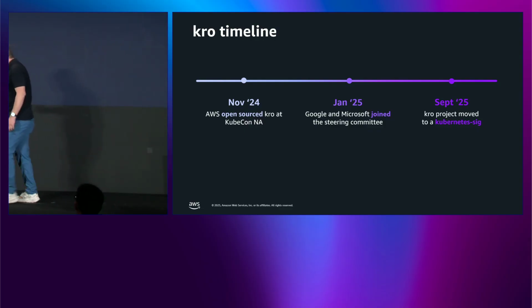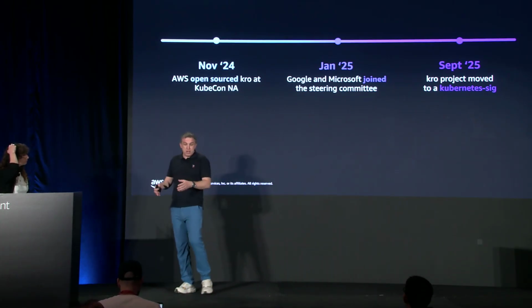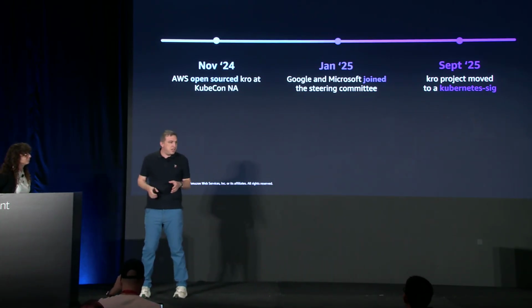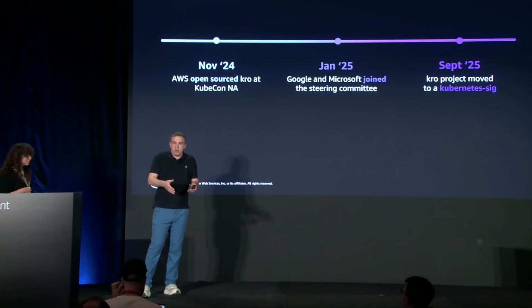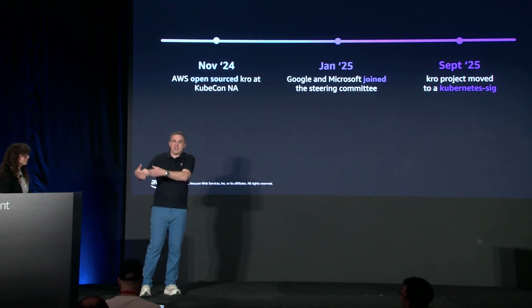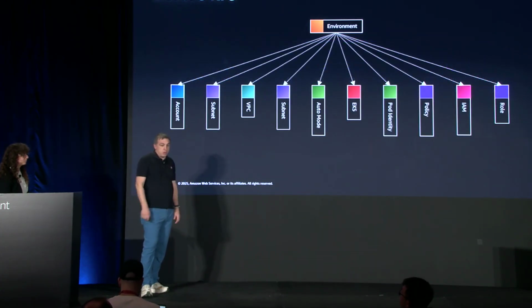And it progresses quite fast. If that's not exciting enough, in September, Crow actually moved to a Kubernetes SIG from open source, right? So essentially paving the way to become a core feature of Kubernetes, not just another open source project.